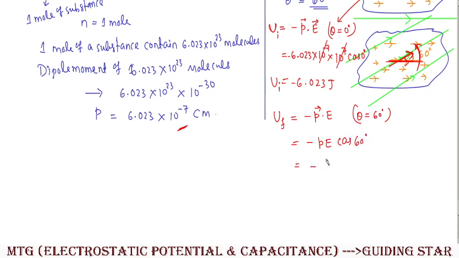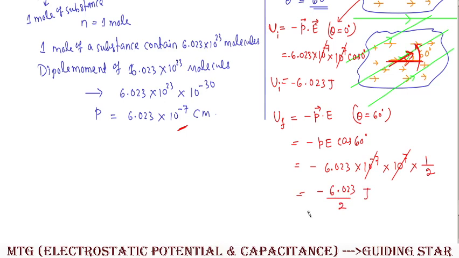Clear? So minus P is how much? 6.023 into 10 to the power minus 7. E is 10 to the power 7 into cos 60. Cos 60 is 1 by 2. Clear? So these two will cancel out. So it will be minus 6.023 divided by 2 joule.